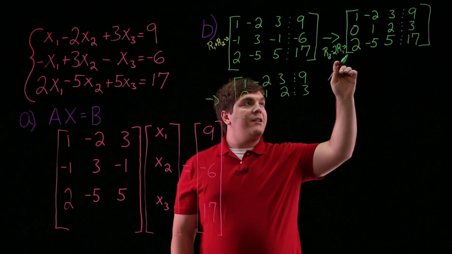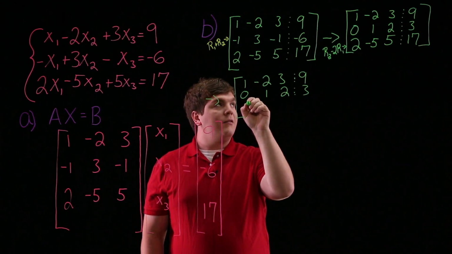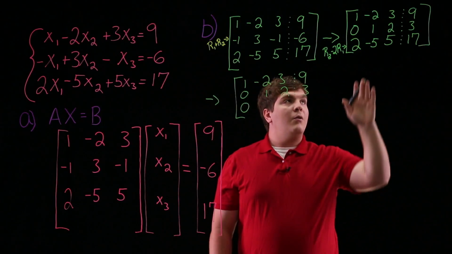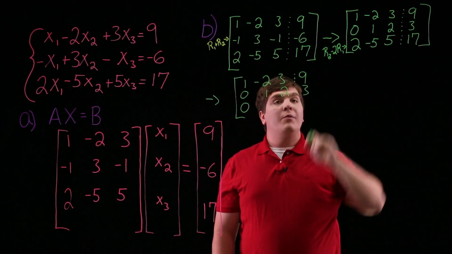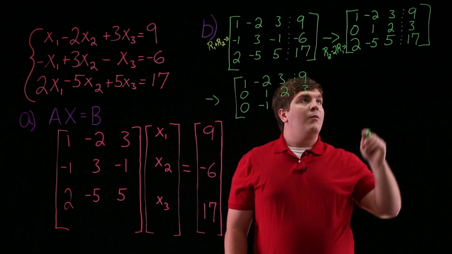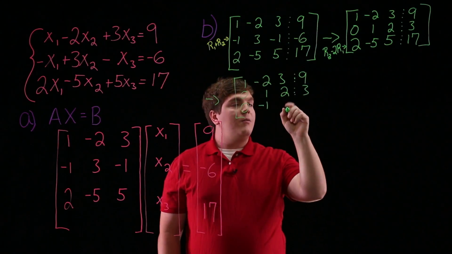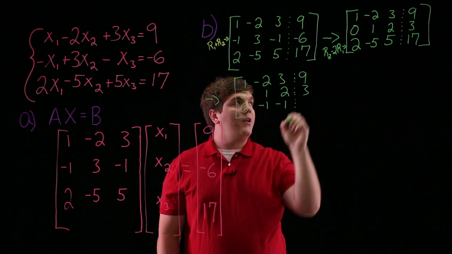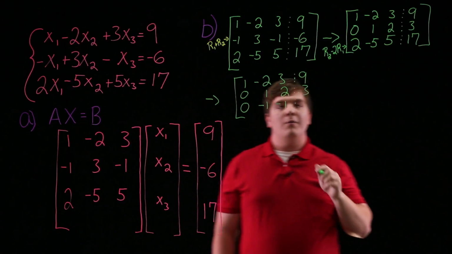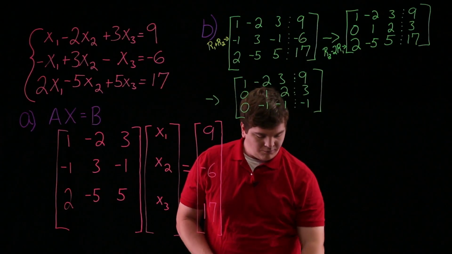And we're subtracting 2 times the first row from the third row. So we have 2 minus 2, which is 0. We'll have -5 plus 4, which is -1. We'll have 5 minus 6, which is -1. And we'll have 17 minus 18, which is -1.